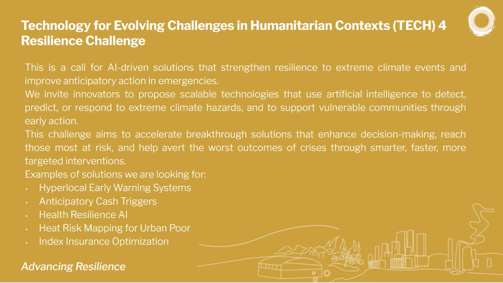There's quite extreme heat, for instance, that some of the global south countries face during the summer periods, and we invite AI solutions that could address or provide information on how heat is distributed across these areas for the urban poor. And also, for instance, index insurance optimization. These are the kinds of AI solutions we're looking for, which should be locally led solutions that can address these kinds of extreme events in the humanitarian context.